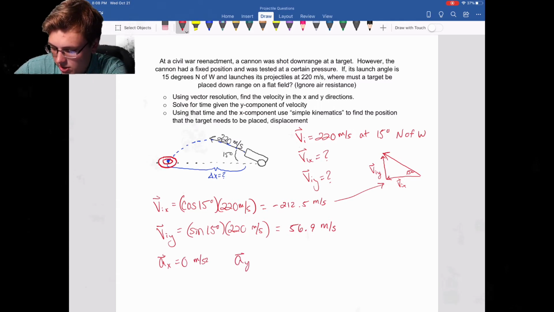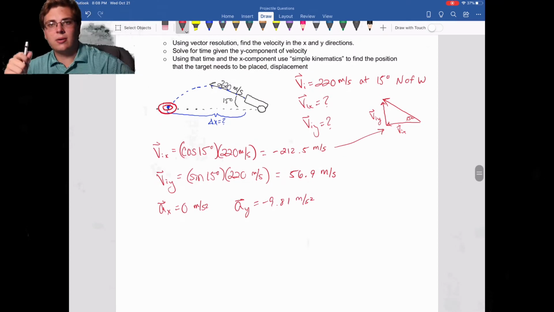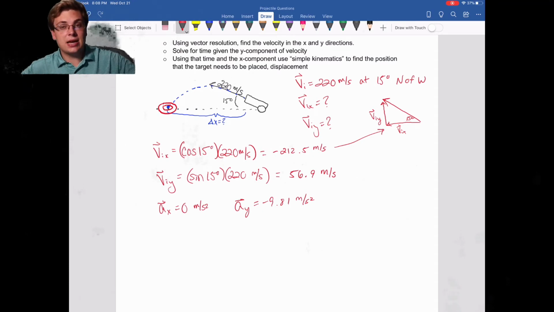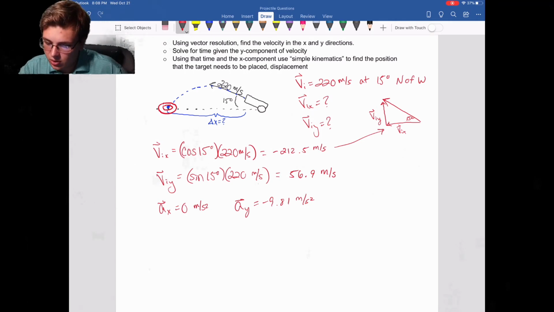Our a in the y direction is negative 9.81 meters per second squared. And when we throw something upward, it's going to come back down at that same rate. So when it hits the ground, instead of going 56.9, it's going to be going negative 56.9 meters per second.